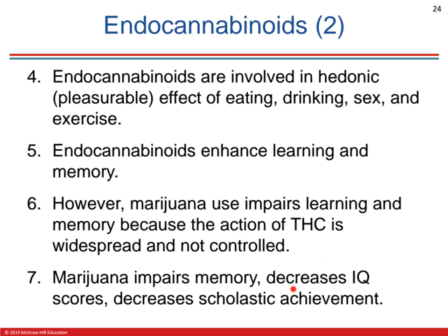Now, in developing children and young people, by young people I mean roughly under the age of 25, it's been shown to decrease IQ scores, and it's been shown to decrease scholastic achievement. And again, this may be due to the fact that these endocannabinoids really are very important for learning and memory.